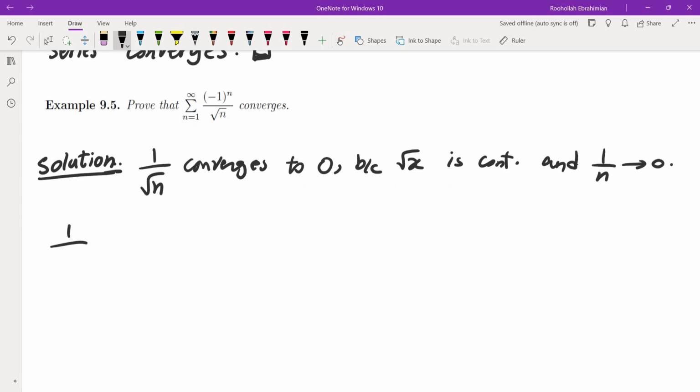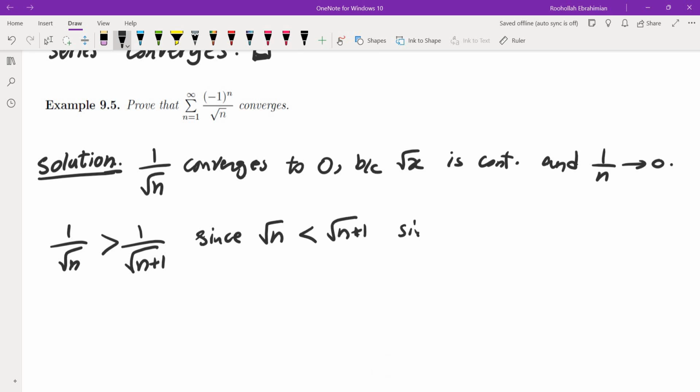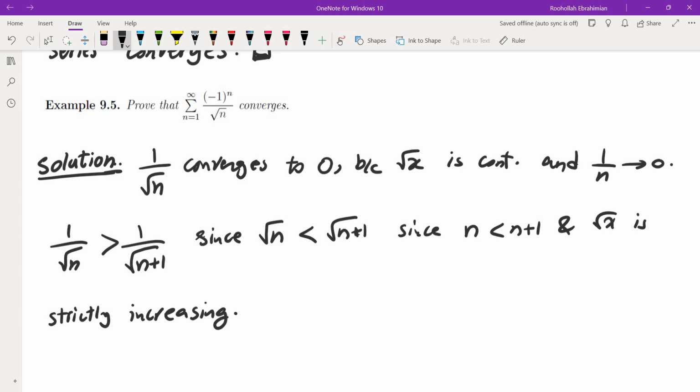And also 1 over root n is greater than 1 over root (n+1), since root n is less than root (n+1), since n is less than n+1 and root x is strictly increasing. So we have to check these two conditions.